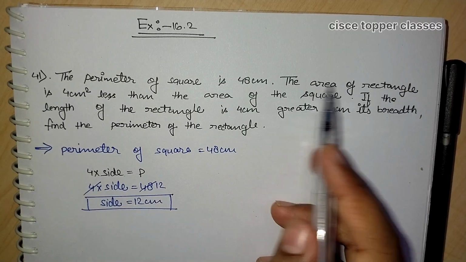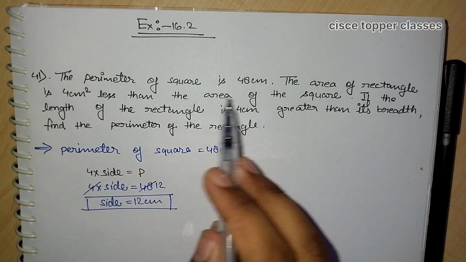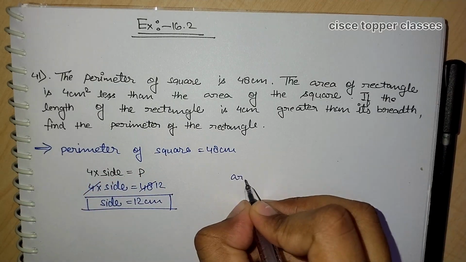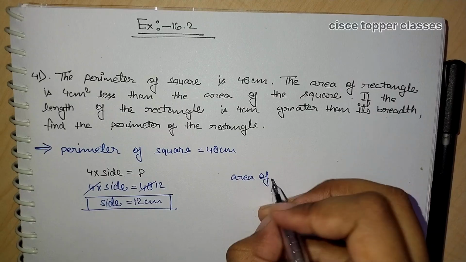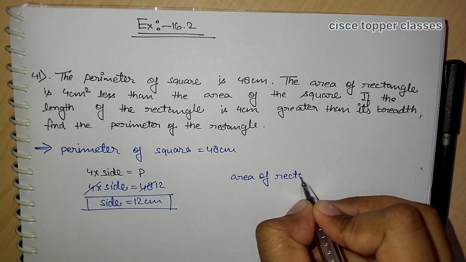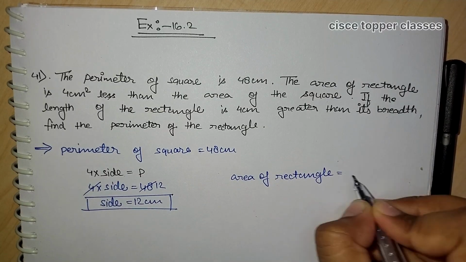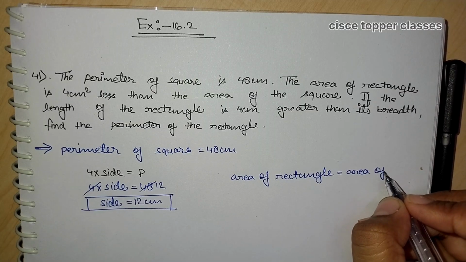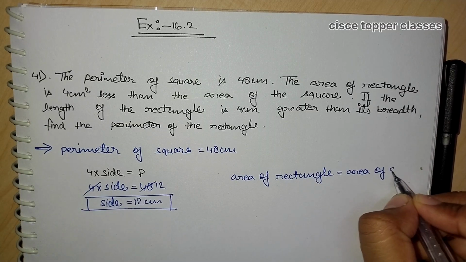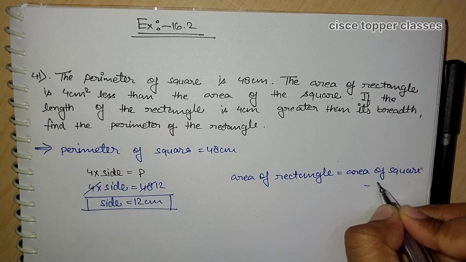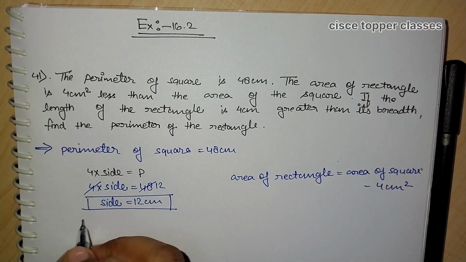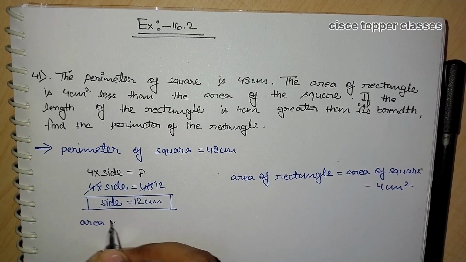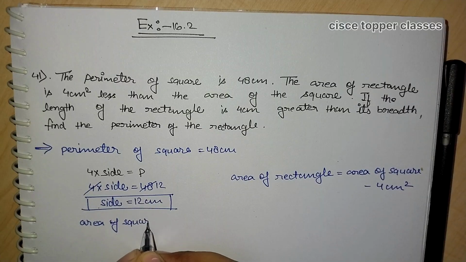Here it is given that the area of the rectangle is 4 centimeter square less than the area of the square. So the area of the rectangle is equal to the area of the square minus 4 centimeter square. Here we can find the area of the square from the side given, and we know the formula as side whole square.